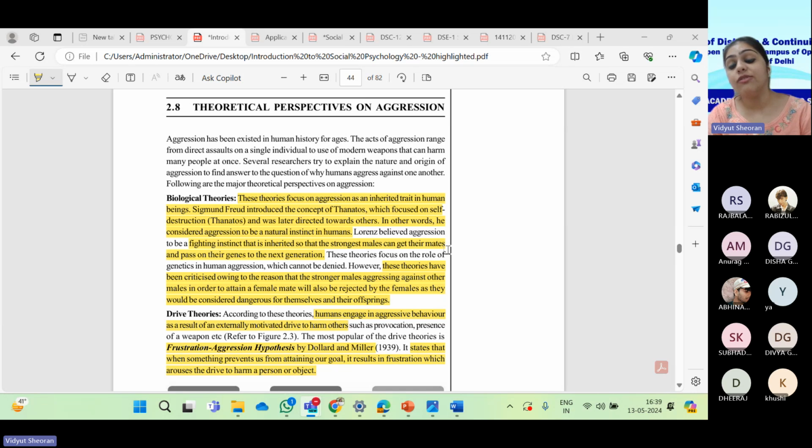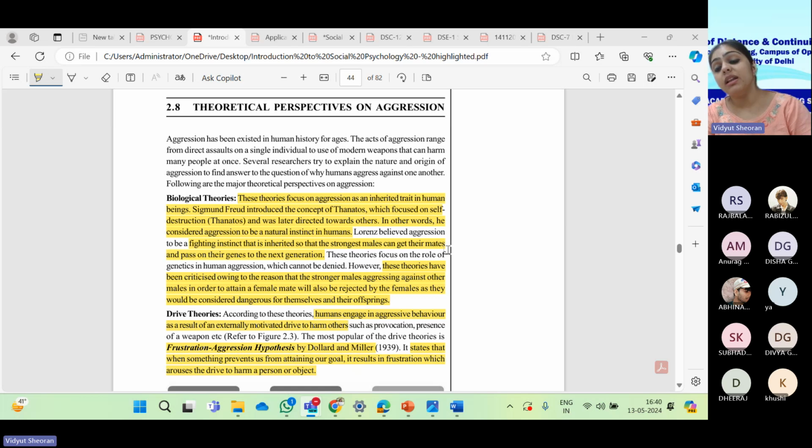Next is drive theories. So humans engage in aggressive behavior as a result of an externally motivated drive to harm others. Drive means that push, that motivation. You are motivated to harm the other person. And that motivation can be intrinsically coming or even extrinsically coming to harm the others.